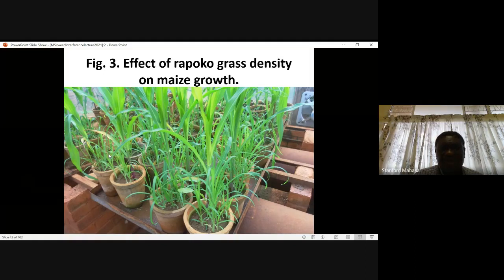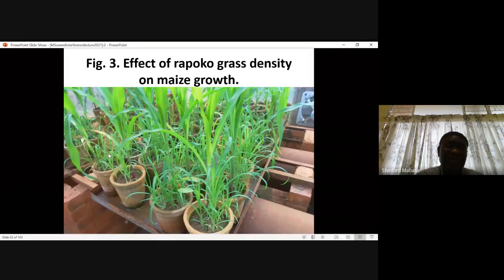Now, here I've got an example of an additive experiment. Additive experiments, you can actually do them in the actual field, or you can just use pot studies to derive this information.